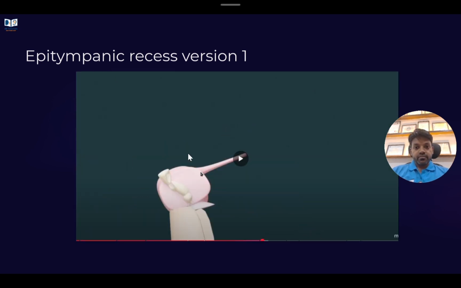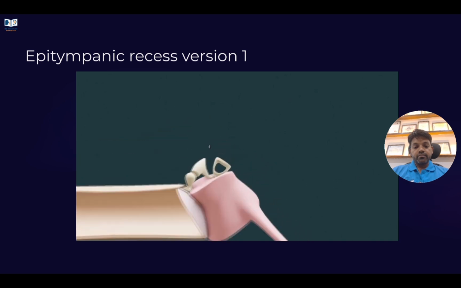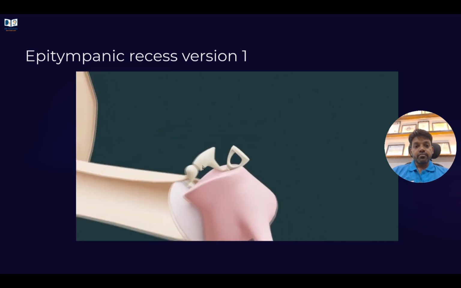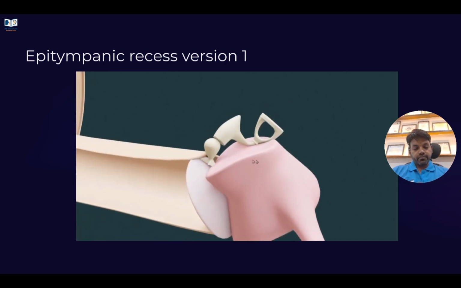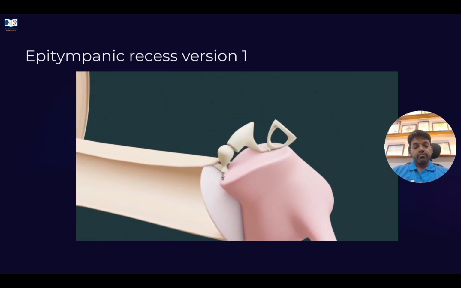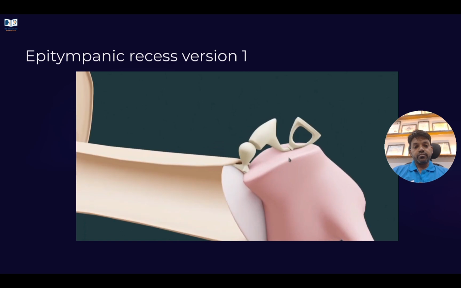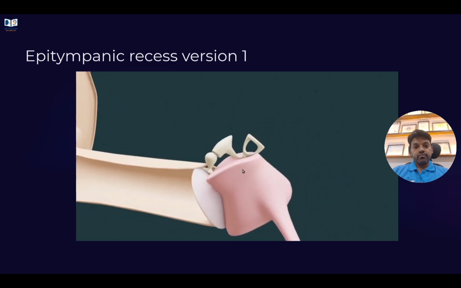Here is the pharyngotympanic tube, and these are the ossicles. You can see that the ossicles are lying above the middle ear cavity, on top of the tympanic cavity. They are not inside it. They should ideally be inside the tympanic cavity. So how can we send them inside?